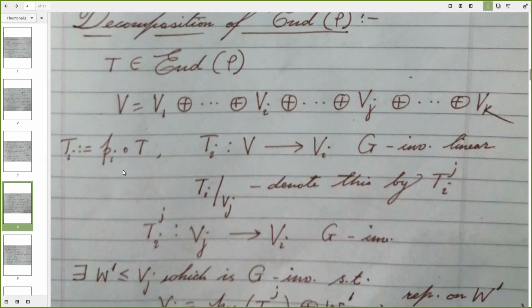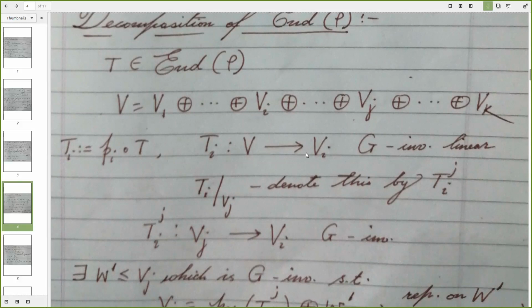Once we do that, if we denote it by T_i, it happens to be a G-invariant linear map, of course, because both P_i and T are assumed to be G-invariant. So it will be a G-invariant linear map from V to V_i. So basically first we have T, then we project that onto the ith component.